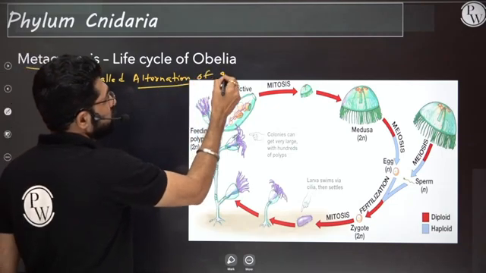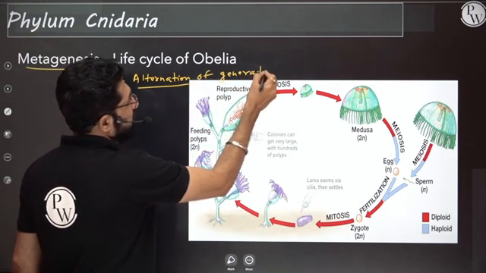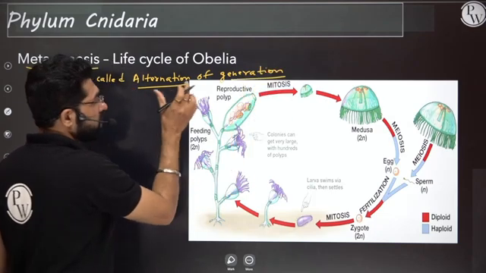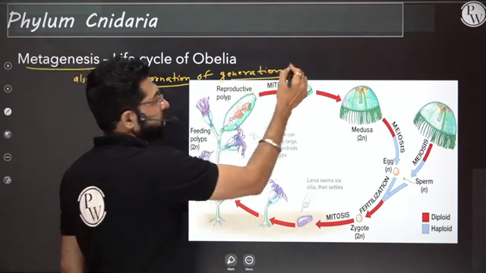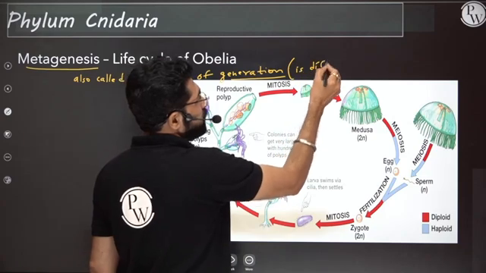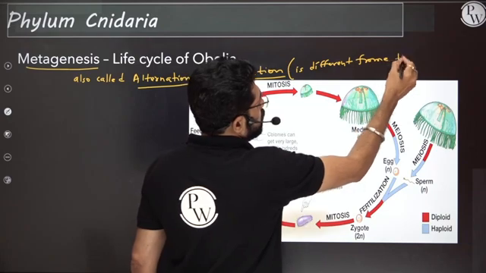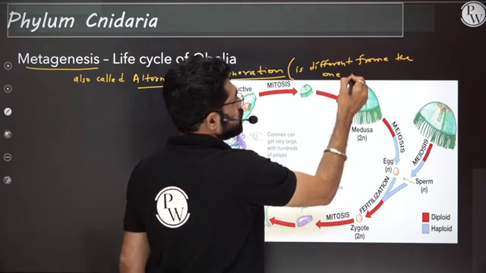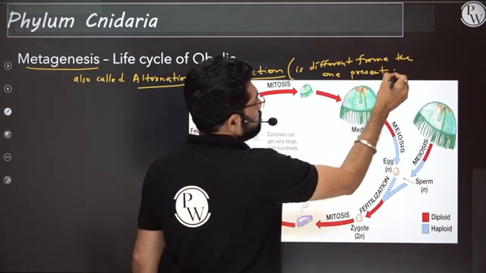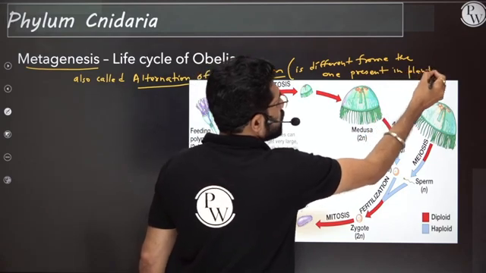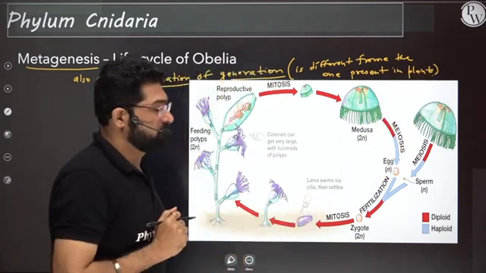How is it different from the one which is found in plants? This alternation of generation is different from the one present in plants. How can you say that? Let's see how. Very important to understand.